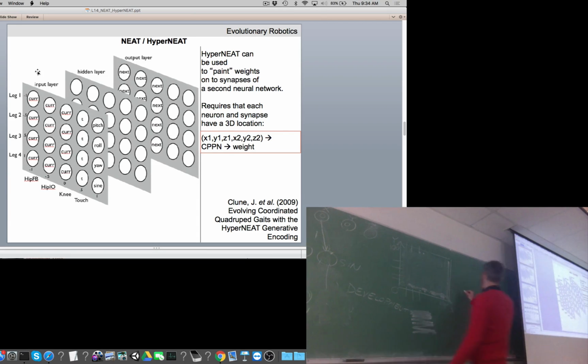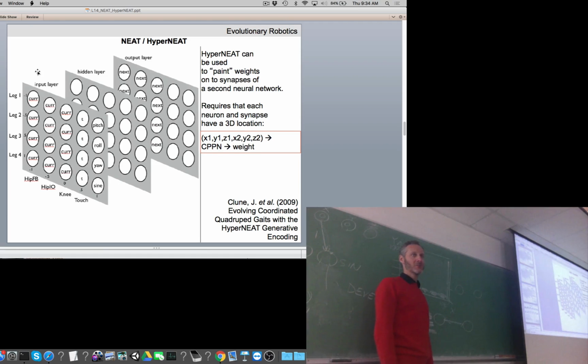Exactly. So let's just take 2 neurons here. Let's just do it in two-dimensional space. Let's say we've got these 2 neurons here. We have one synapse that connects this neuron to this neuron, and we have a second synapse that connects this neuron to this neuron. We need weights for both of these synapses.